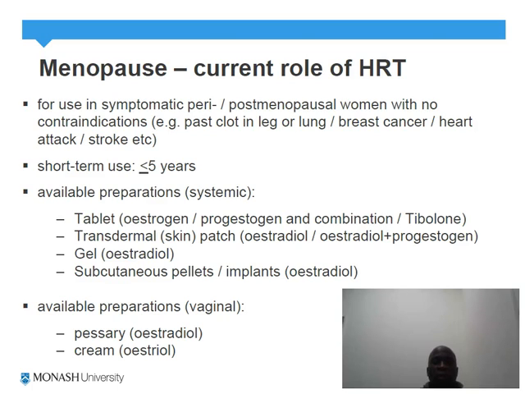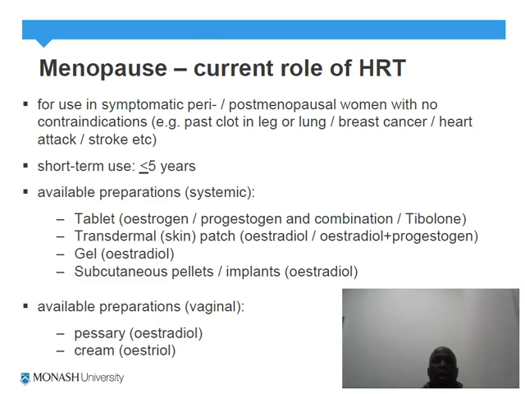For example, a past clot in the legs and the lungs, breast cancer, heart attack, and stroke are contraindications. If women are going through that, you cannot apply HRT. It's also for short-term use, less than 5 years.